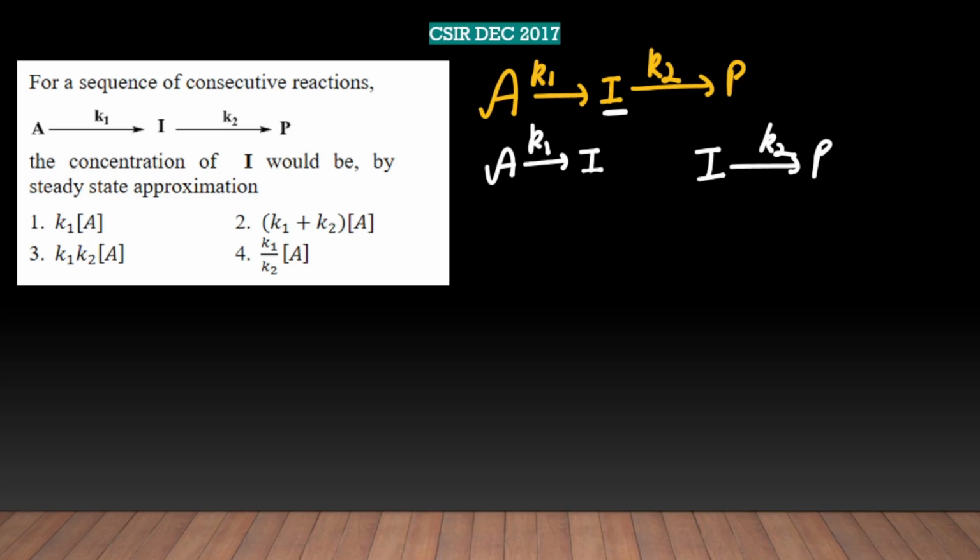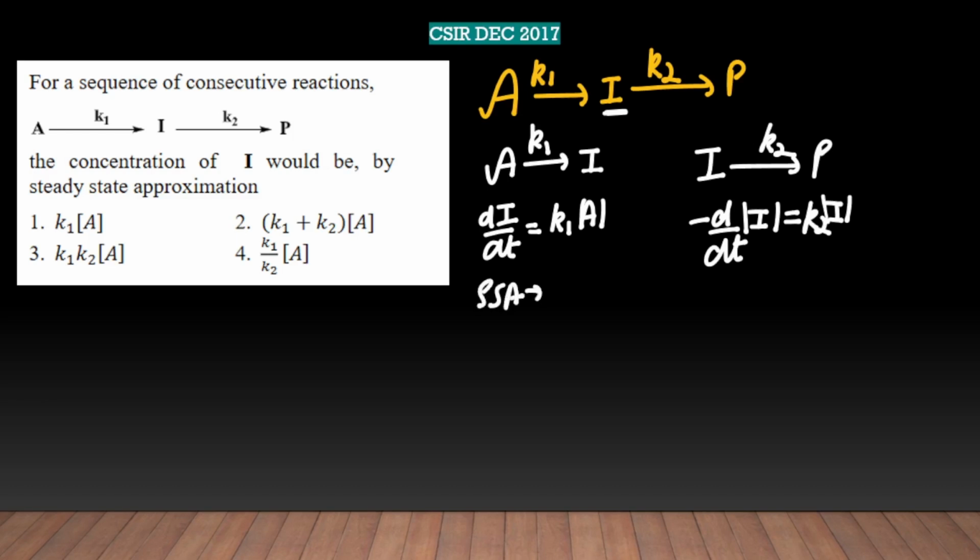In the first reaction I is being formed, so d[I]/dt will be equal to K1 times A, and in the second reaction it will be minus d[I]/dt equal to K2 times the I concentration. Now SSA means the net rate of formation of I is 0, which means d[I]/dt will be equal to 0.